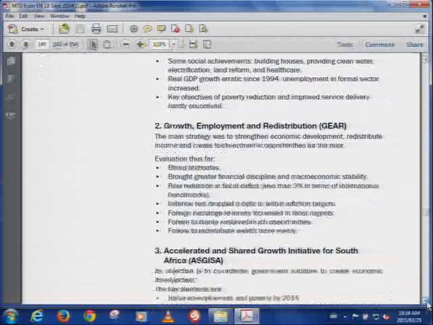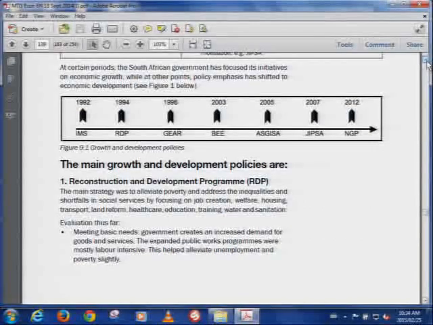The first one that was introduced was the RDP. This was the strategy adopted by the first democratically elected government.